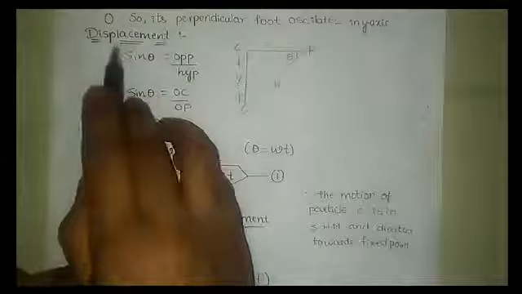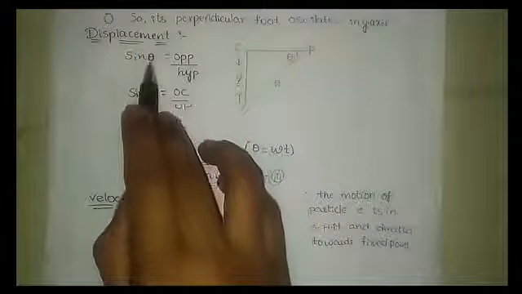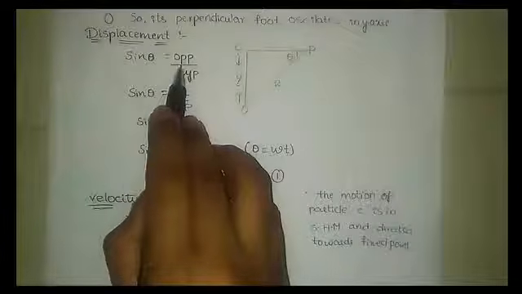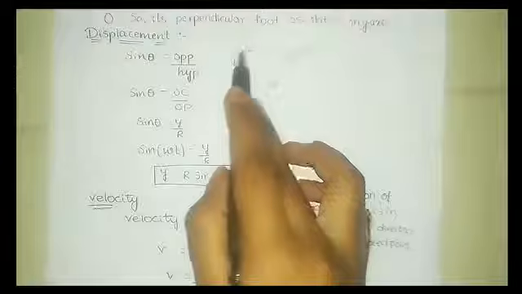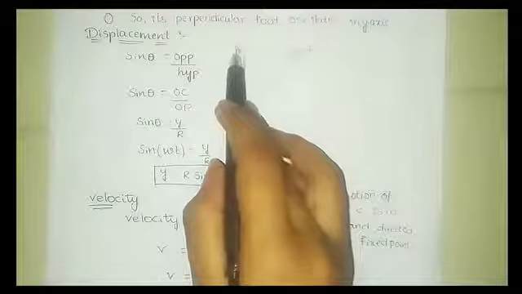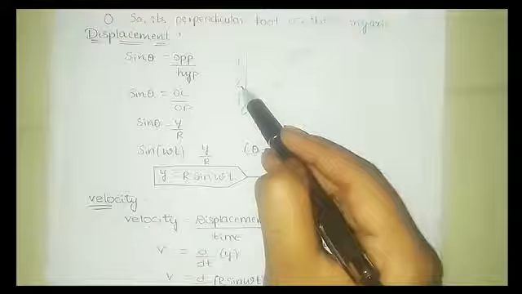First of all, we have to find the displacement of the projection. To find displacement, I am taking sin theta. Sin theta is nothing but opposite by hypotenuse. From the diagram, P is the particle, O is the origin, C is the point in which it oscillates on the y-axis. I have taken the displacement as y and the radius is r.